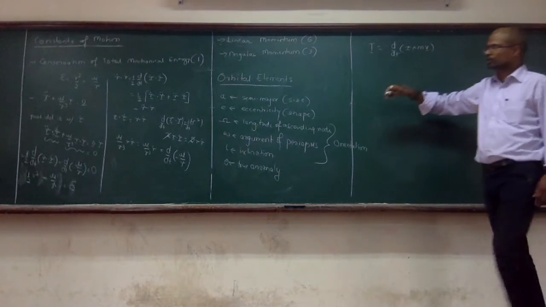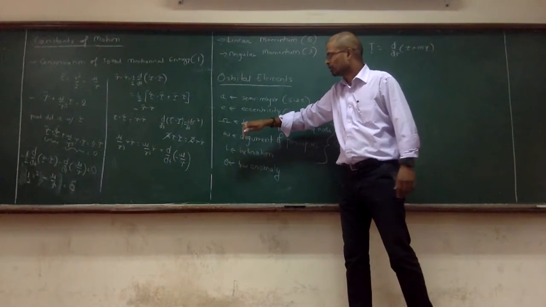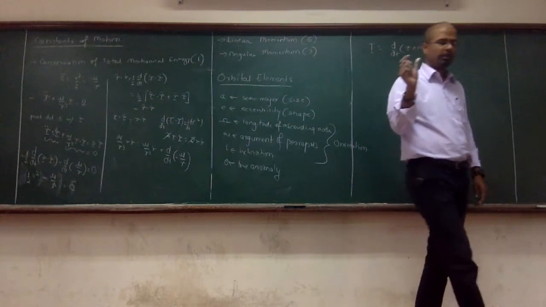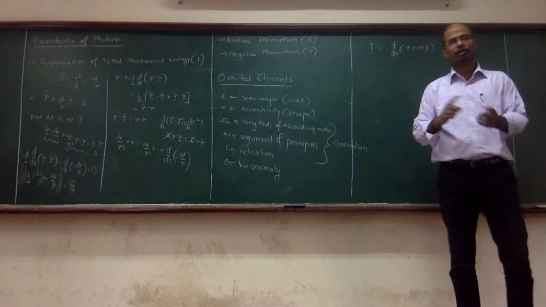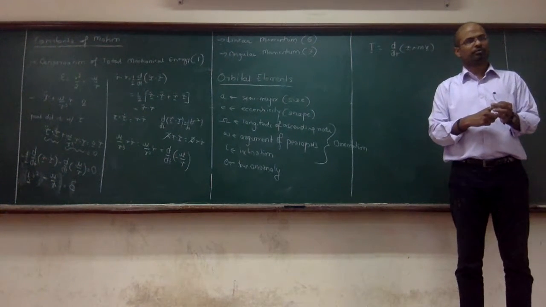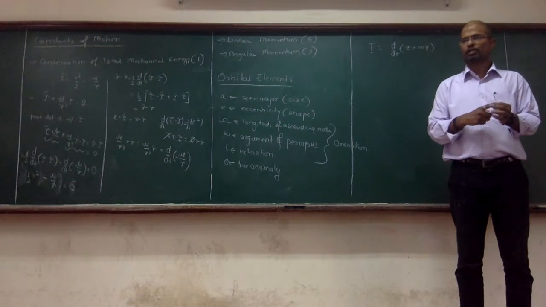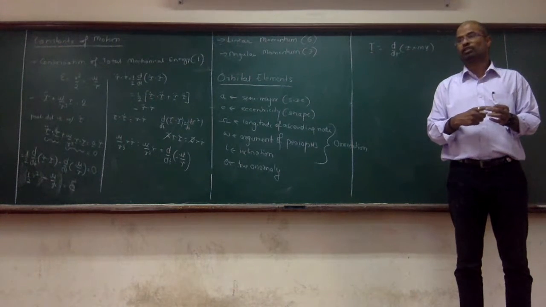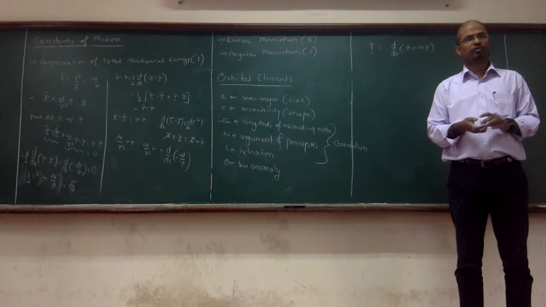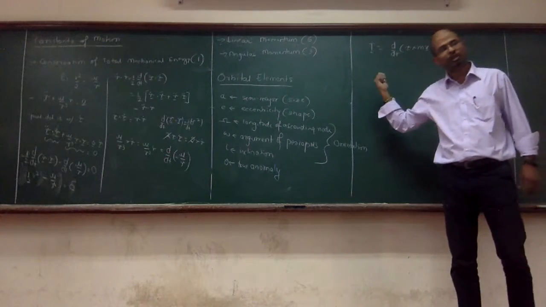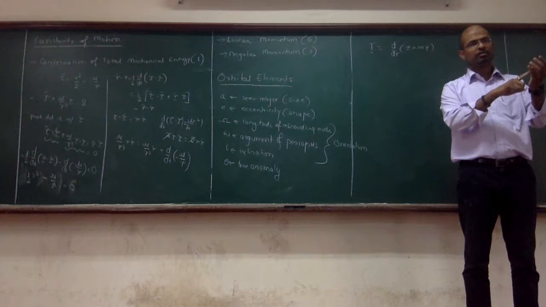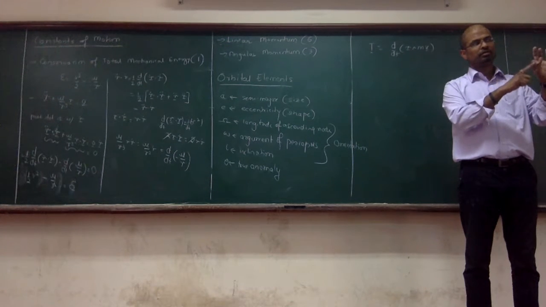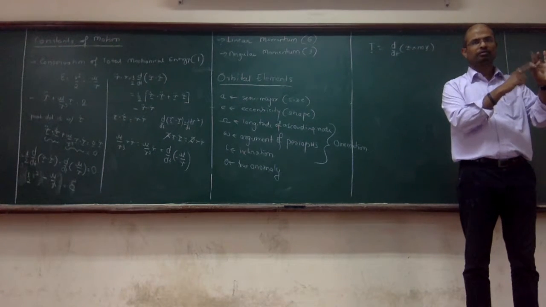So if you look at translational motion, you express it as position, velocity, acceleration, right? That is how translational kinematics is expressed. What do you do with rotational kinematics? It is angle, angular rate, angular acceleration.